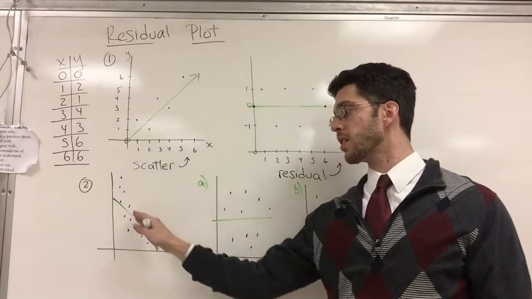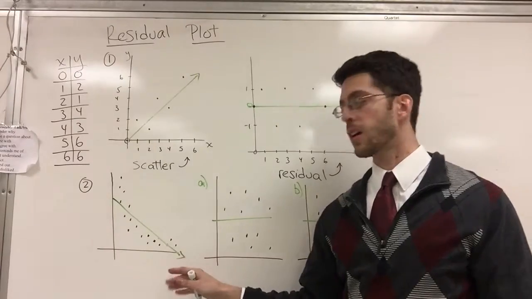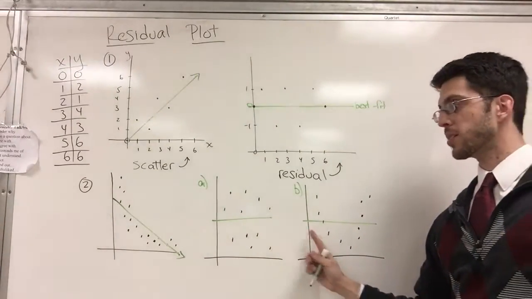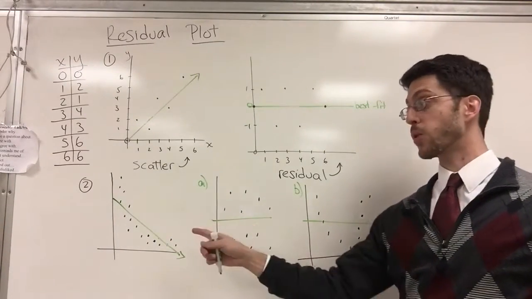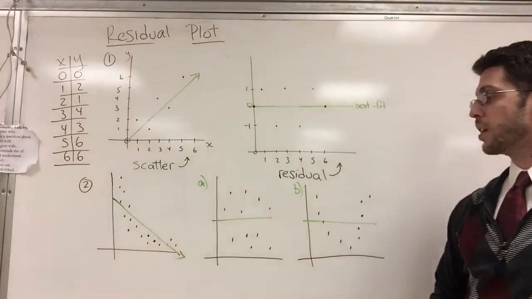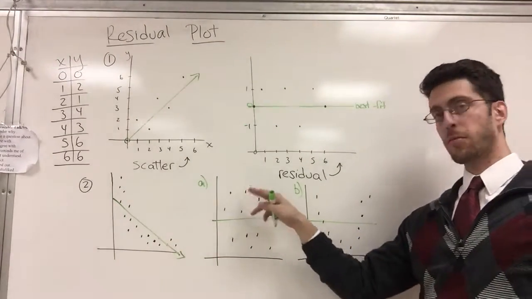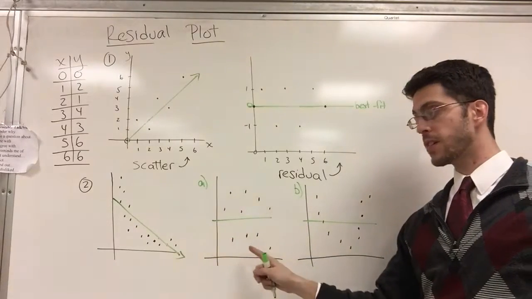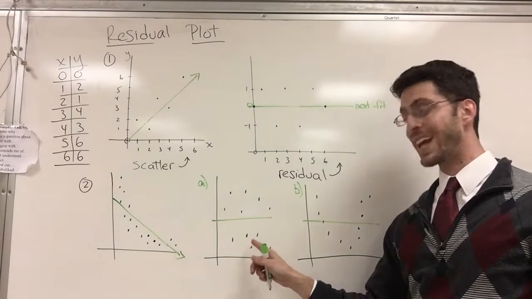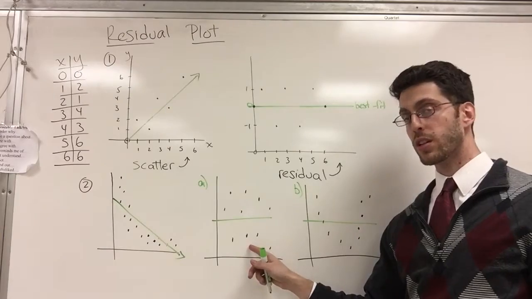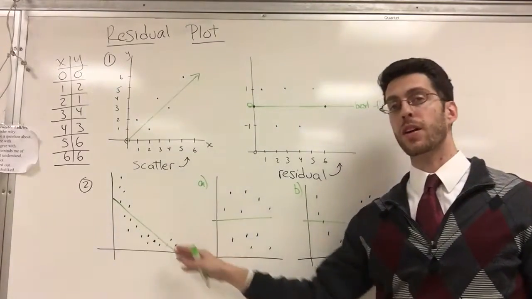If you think it's linear, now we're going to look at 2 possible residual plots and see which one matches. If you think it's linear, then there should be an equal number of points above and below. This is the residual plot of a linear regression, of a linear pattern.